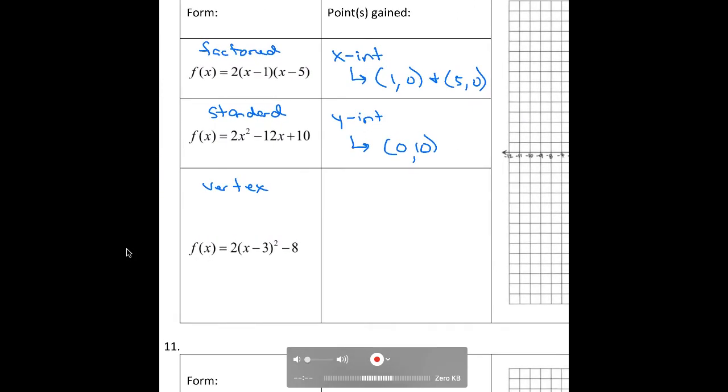And last but not least, vertex form. I get the vertex, which is at, for this example, (3, -8). So right 3 and then down 8 squares.